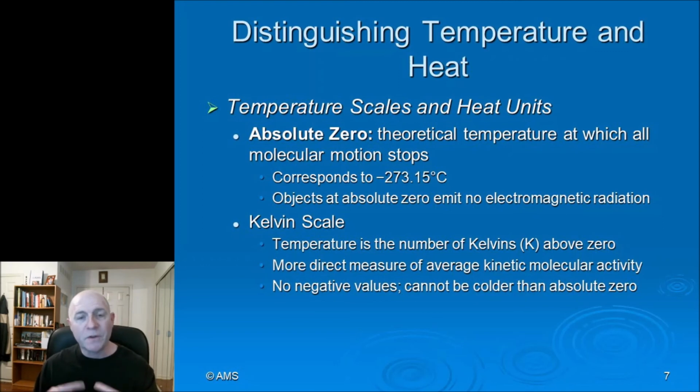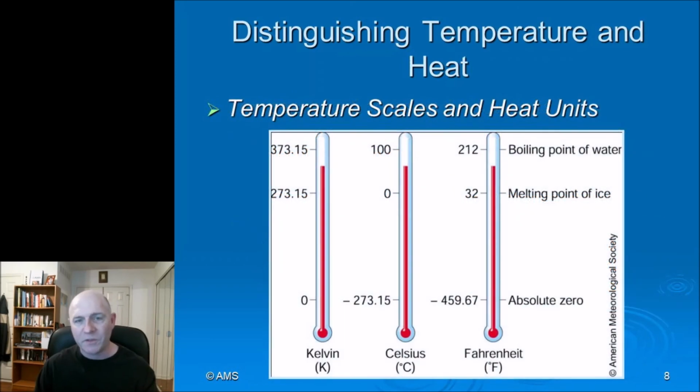But we've also introduced the Kelvin scale, where the temperature is measured in kelvins, technically not degrees kelvin, just kelvins, above zero. That's more of a direct measure of the average kinetic molecular activity. And because it starts at zero when there's no motion, and we can't have negative motion, there are no negative values. Everything is zero or above on the Kelvin scale.